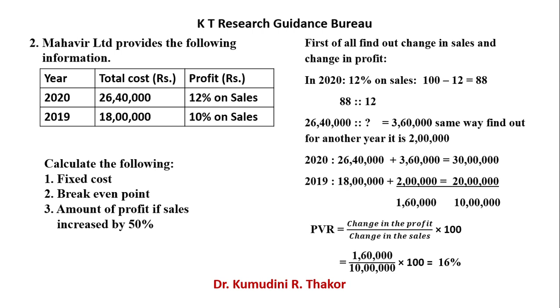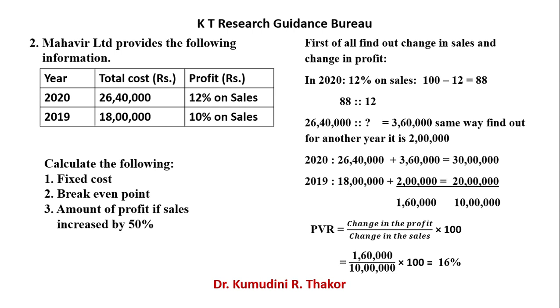So 100 minus 12 equal to 88. 88 equal to 12 rupees. Then how much for 26,40,000? Then your profit will be 3,60,000. Same way you can find out for 19.